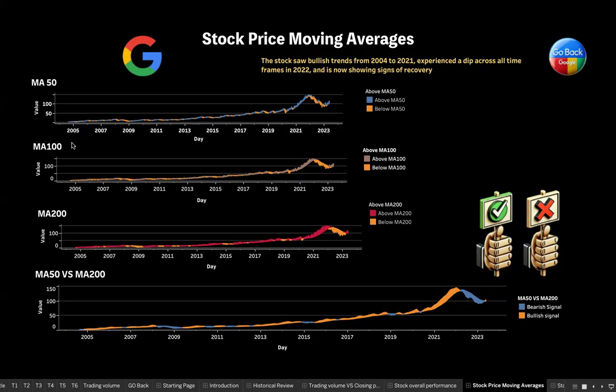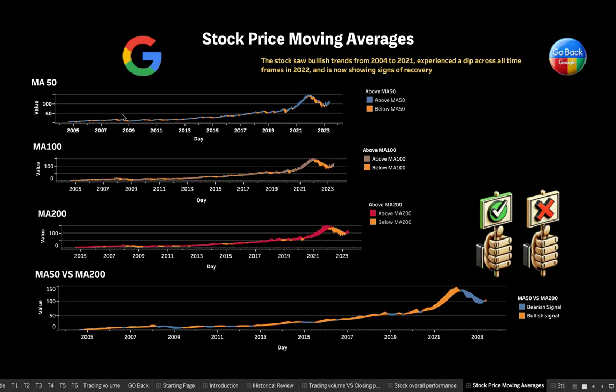When the closing price stays constantly above a moving average like the 50 days, it indicates sustained bullish momentum, suggesting strong buying opportunities. Conversely, when the price falls below a moving average, it may signal an upcoming bearish phase or heightened volatility.